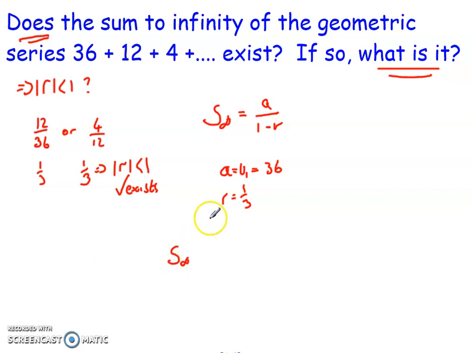S to infinity is 36 over 1 minus a third. 1 minus a third is 2/3, so it's 36 divided by 2/3, which, remember, turn it to a times, flip the second fraction, so it's 36 times 3 over 2. 36 divided by 2 is 18, 3 18s are 54. So there you go, my sum to infinity for this geometric series is 54.